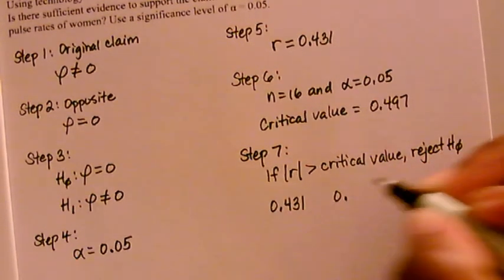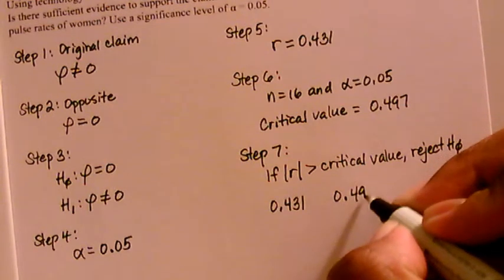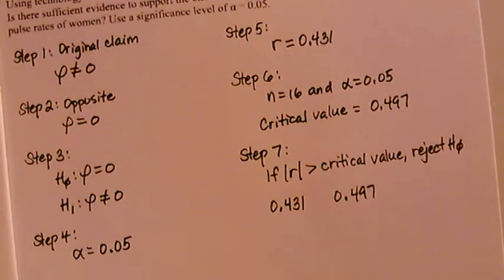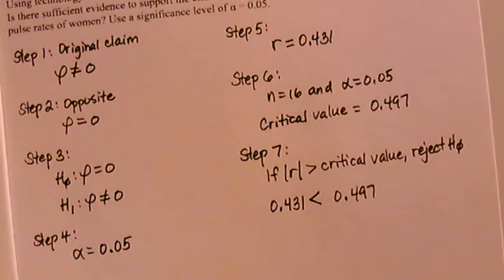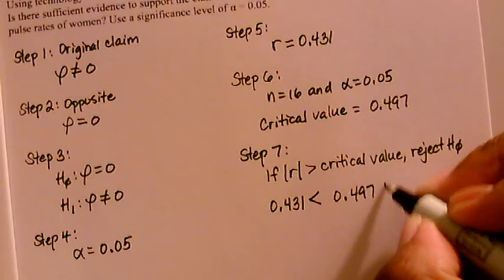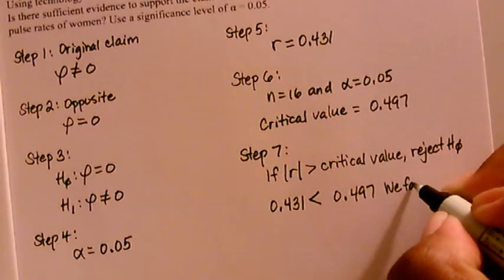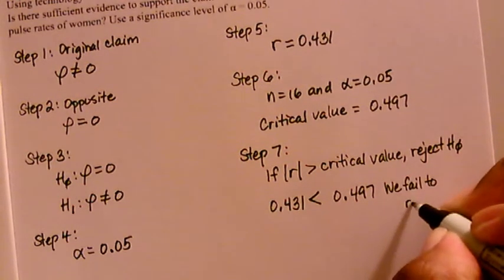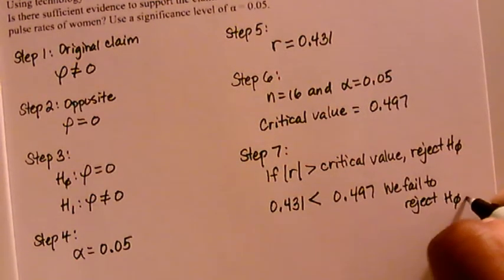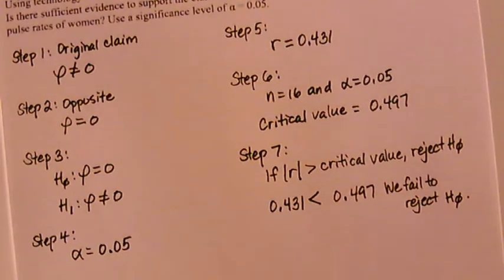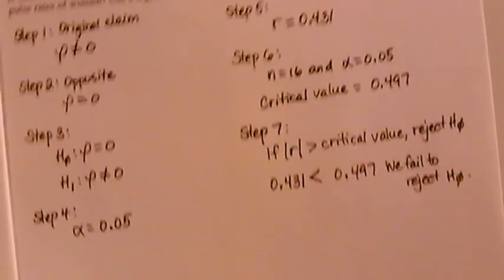We're going to compare that to the critical value of 0.497. Comparing these two, 0.431 is less than 0.497. Unfortunately, it does not satisfy our decision rule, so that means we fail to reject the null hypothesis.